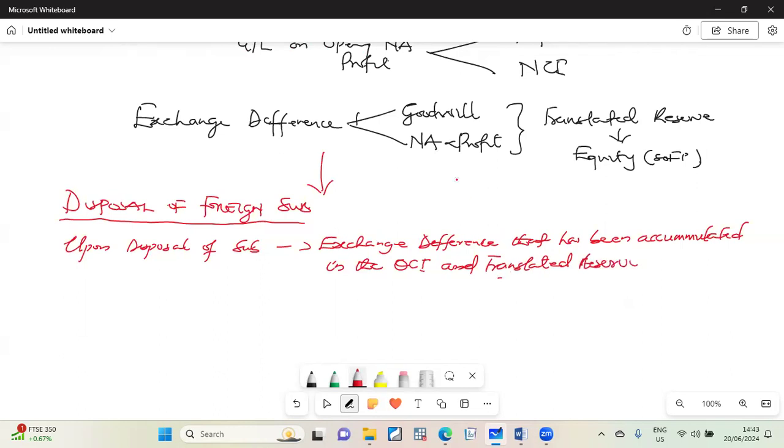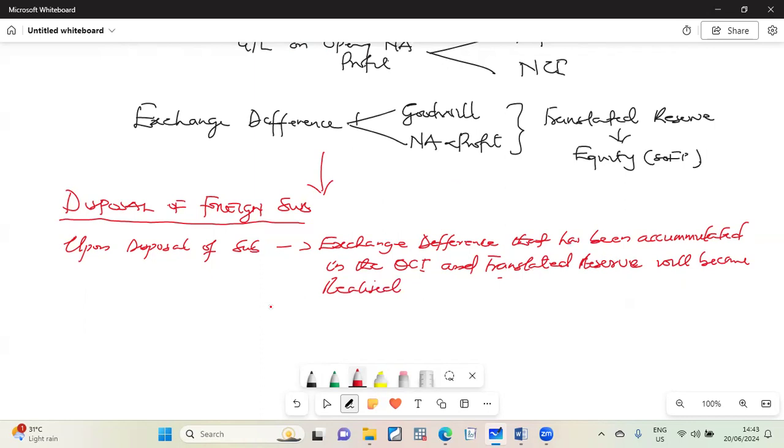It will be in your OCI. And when you are doing a balance sheet, it will be in your translated reserve. All those ones have become realized.